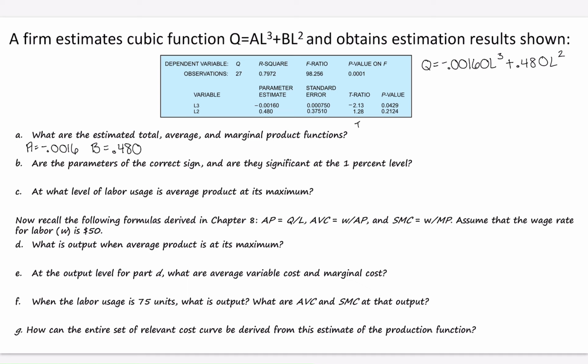So our total product is just this. It's just writing down what we already have, what we're able to pull from the regression equation itself.